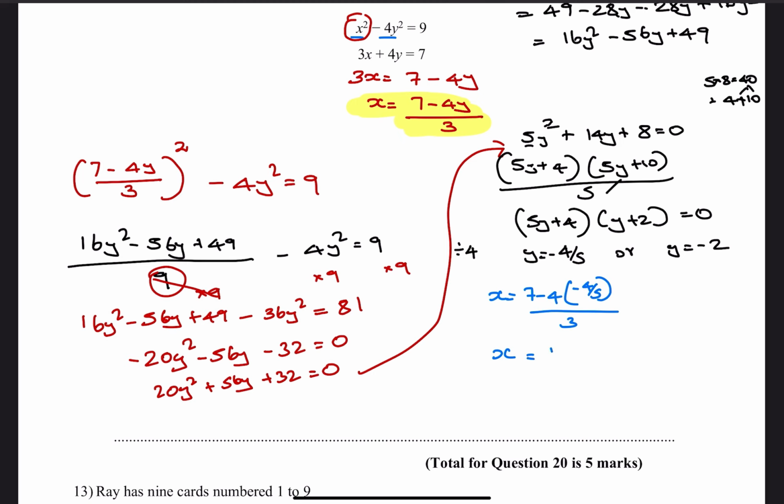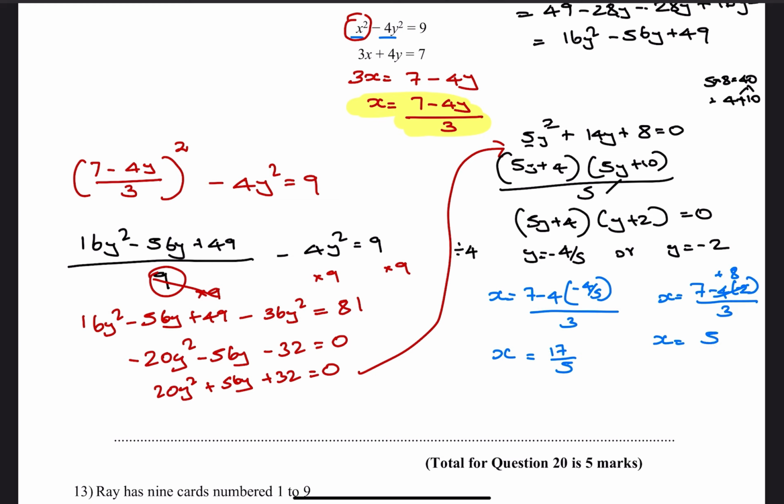So x is equal to 17 over 5. The other one, x is equal to 7 minus 4 bracket minus 2, all over 3. I can do that straight because minus 4 times minus 2 is plus 8 anyway. 7 and 8 is 15, divided by 3, which is 5.